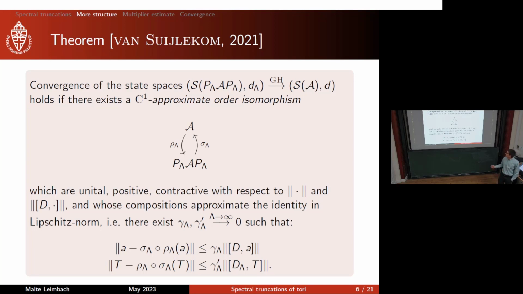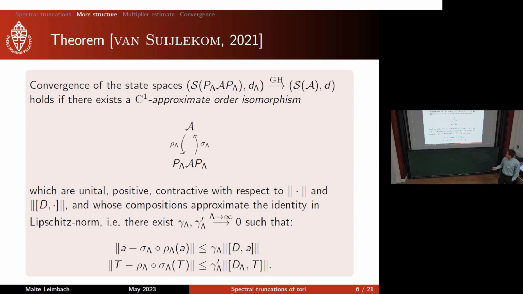It's known in general that a sequence of operator system spectral triples converges in the Gromov-Hausdorff distance if you have this so-called C1 approximate order isomorphism, which consists of pairs of maps which go from the algebra down to the operator system, and another one which goes from the operator system back up to the algebra.